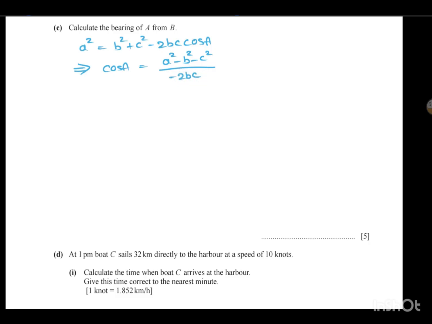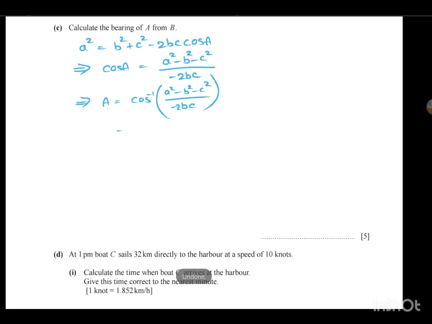To find the angle, A will be equal to cos inverse of (a square minus b square minus c square) by minus 2bc.